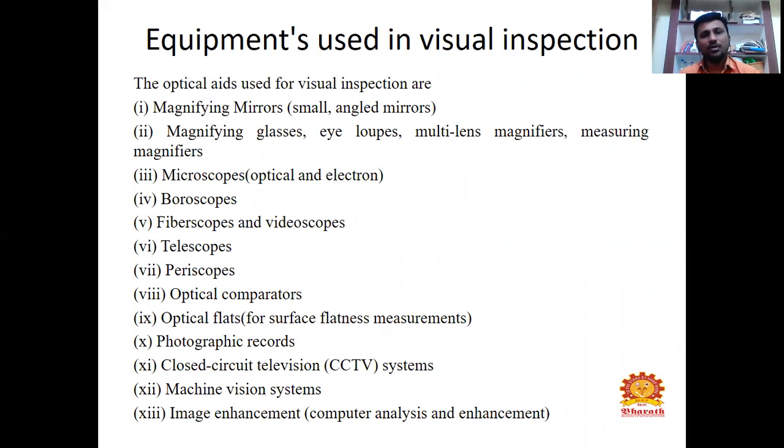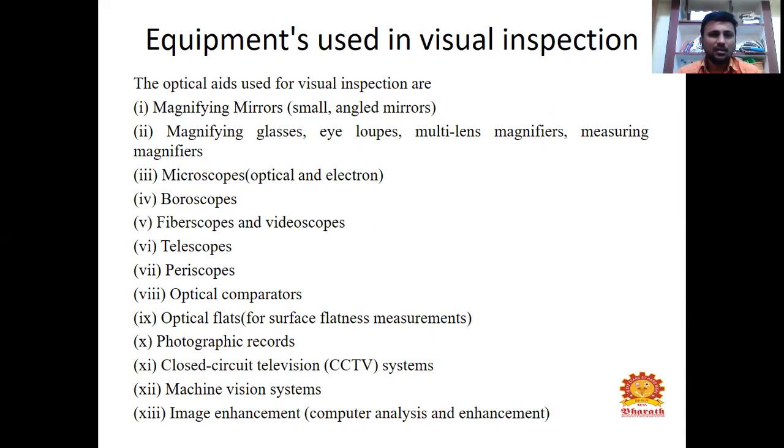Then the equipment used in the visual inspection method. What equipment are we using here in the aided method? The optical aids used for visual inspection are, first, magnifying mirrors, maybe small or angular mirrors.